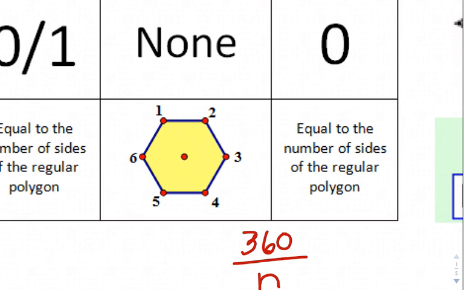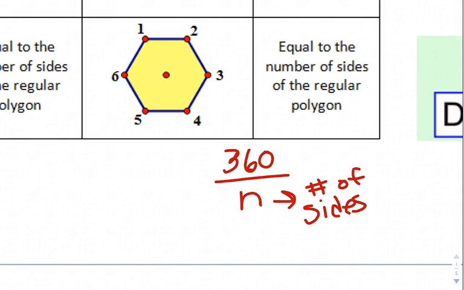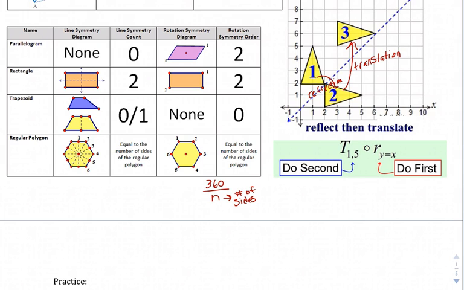So n means the number of sides, and that's how many degrees it rotates. And then to generate a list, let's say you did 360 divided by 10, because it was a decagon, you would get 36. So every 36 degrees it's going to match up. So you would just keep doing 36 plus 36 and get that number, then add 36 to that, get that number, all the way up, and it will add up to 360.